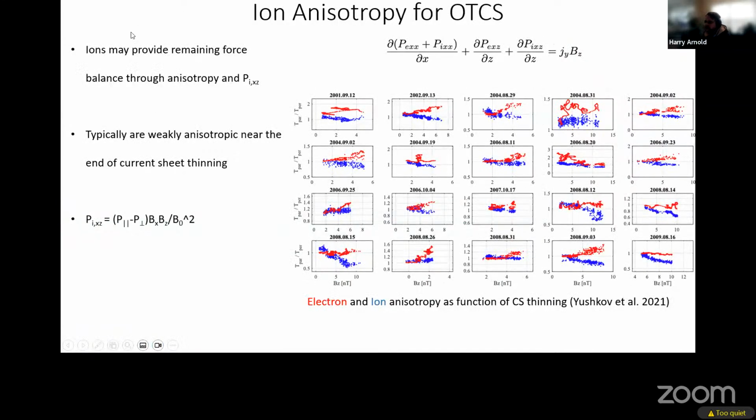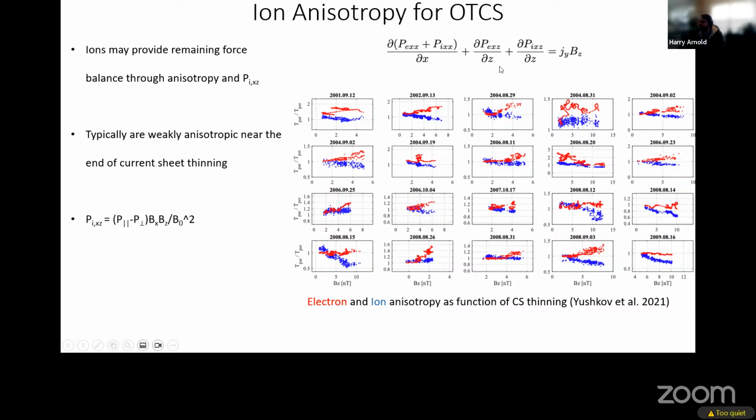Okay, so finally, I want to talk about the observations of ion anisotropy here. As I said before, with isotropic force balance, that's not enough. You can kind of see exactly how the anisotropy is playing a role here. If you just look at your force balance equation, you get J cross B on the right, you got div P on the left. This is sort of your isotropic component.